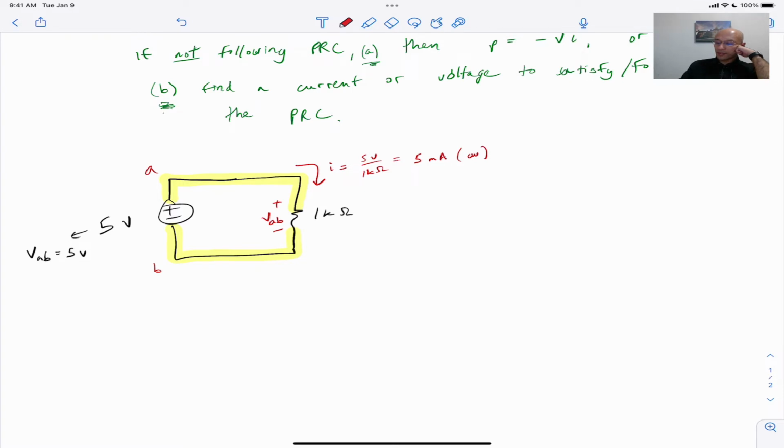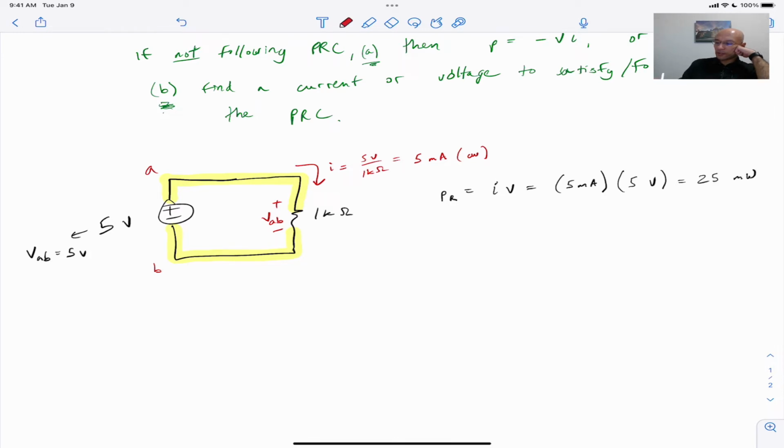Now if I were to calculate the power delivered to the resistor, it would look like this. PR. Notice that the current and VAB follow the passive reference convention. So I can use I, which is 5 milliamps, and V, and I get 25 milliwatts.